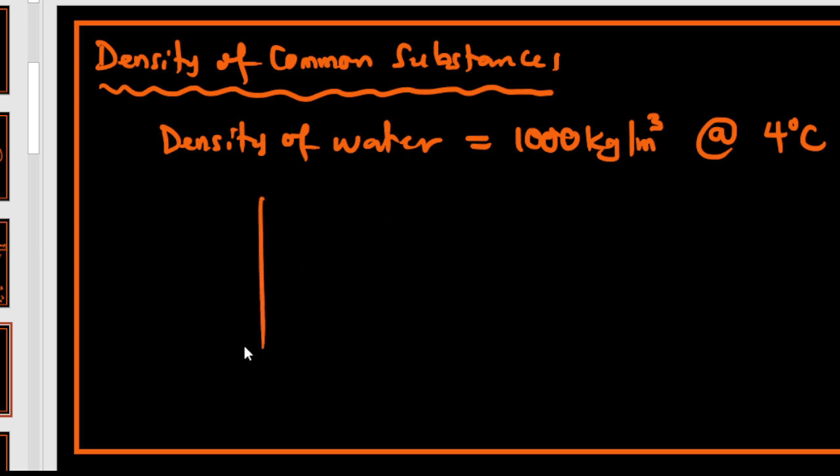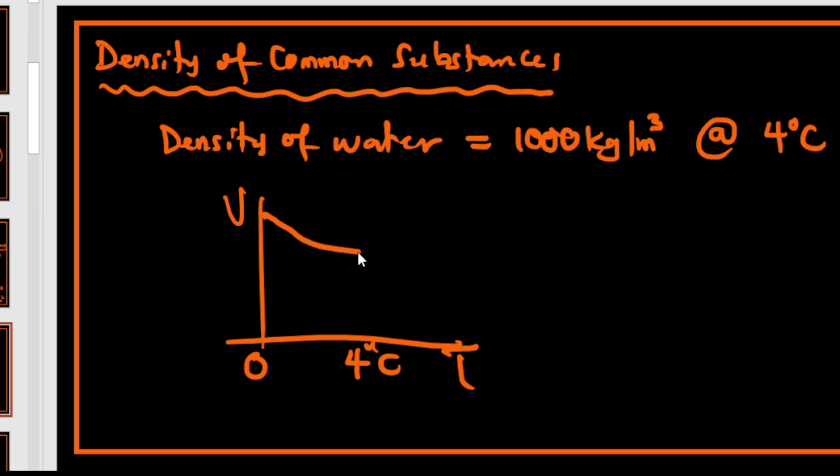During anomalous expansion of water, if you plot volume against temperature, this is what you usually have for water. When you increase the temperature from 0 all the way to 4 degrees Celsius, you notice that rather than water expanding, it is contracting.